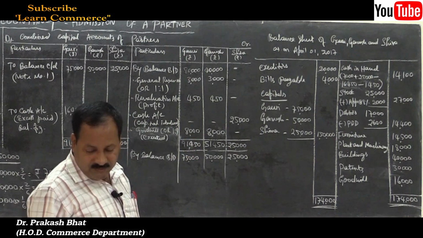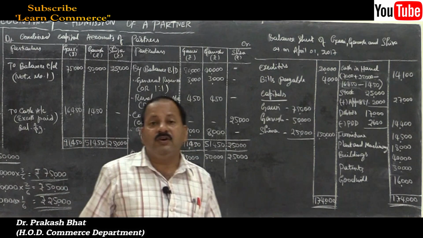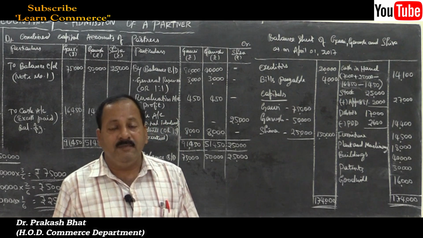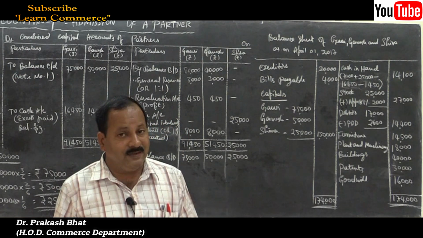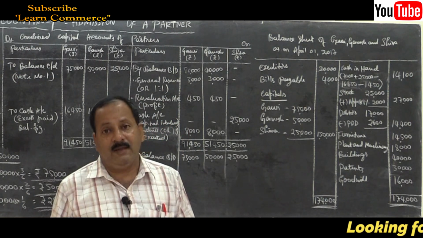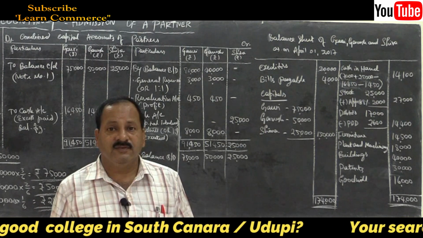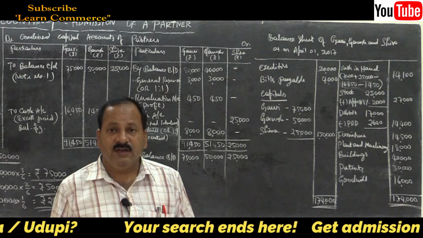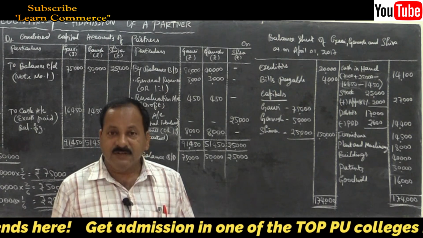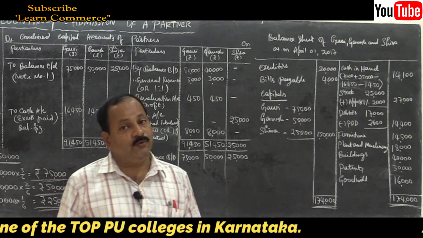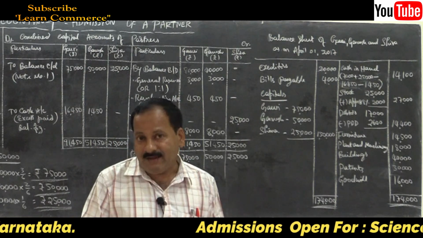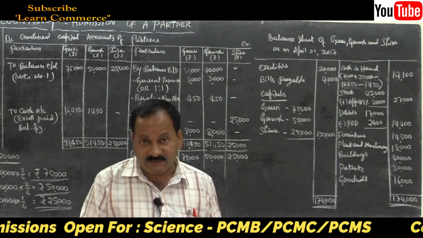I already told you this is how we have to solve a problem on admission of a partner whenever there is adjustment of capitals. Now, with this, your admission of a partner comes to an end. Almost all the problems were solved.